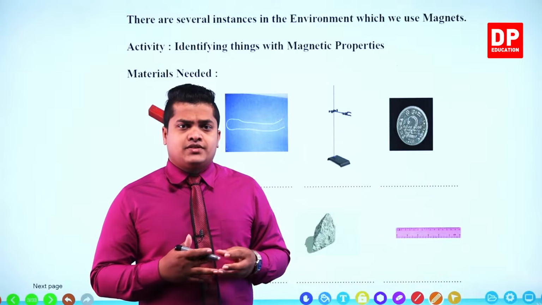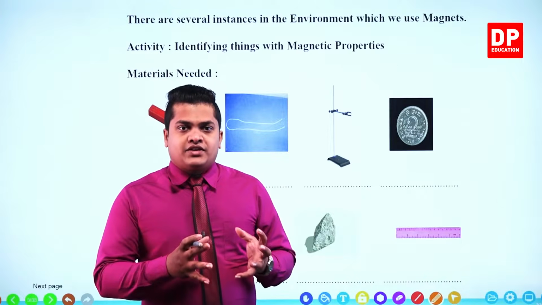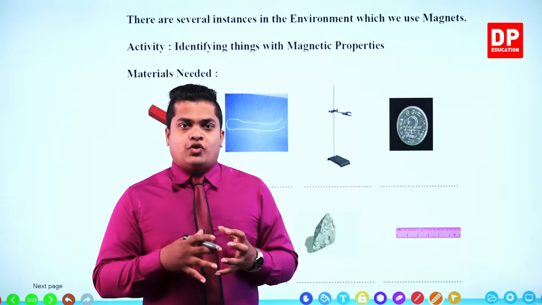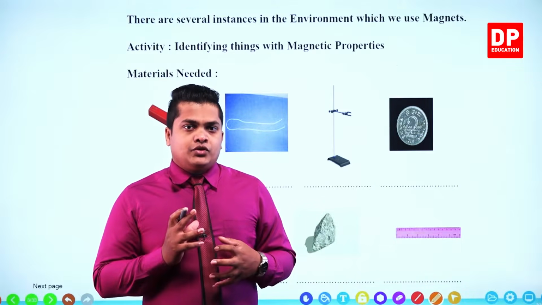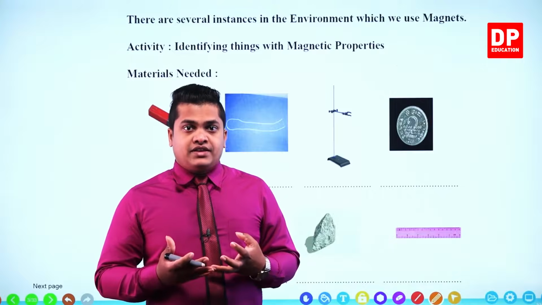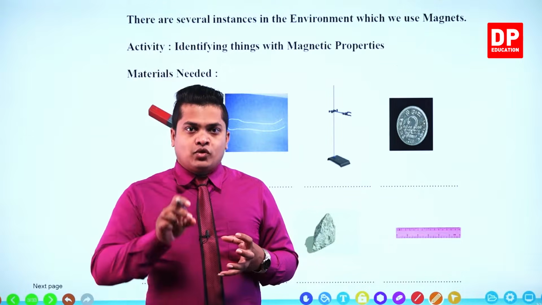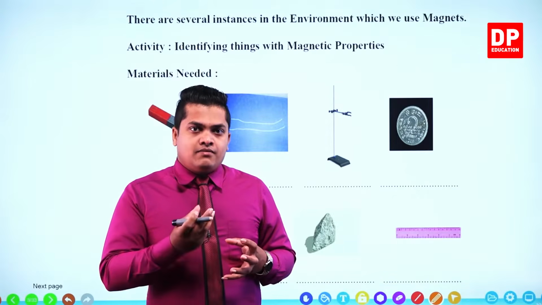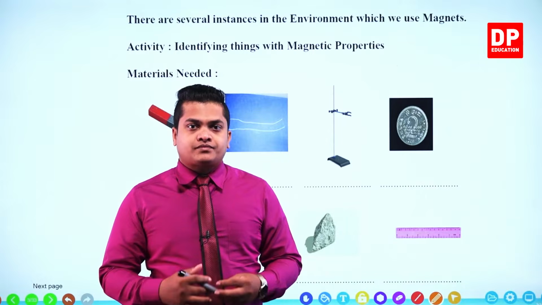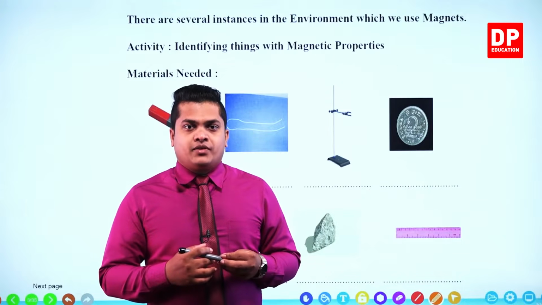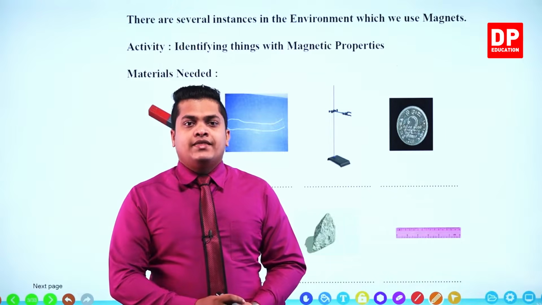A simple occasion is a toy, where we can observe magnets. Some of you may have pencil cases, and in those pencil cases a magnet is used to close the lid. We can close and open it by using the magnet.